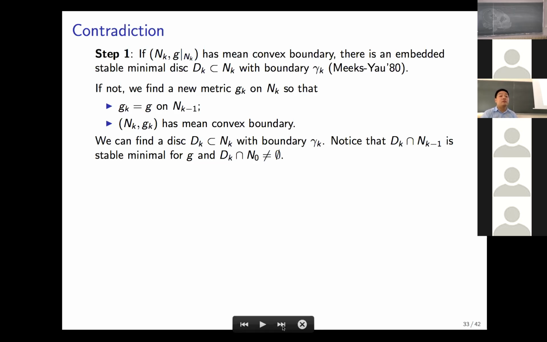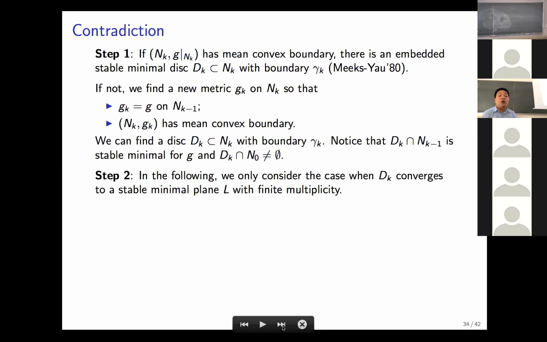So we use the Meeks-Yau work again to find an embedded disk DK in NK with boundary gamma K. The DK is stable minimal for gK, not for the original metric. So we consider the intersection of DK and NK minus 1. This intersection is stable for the original metric g, and so is DK intersect N0.